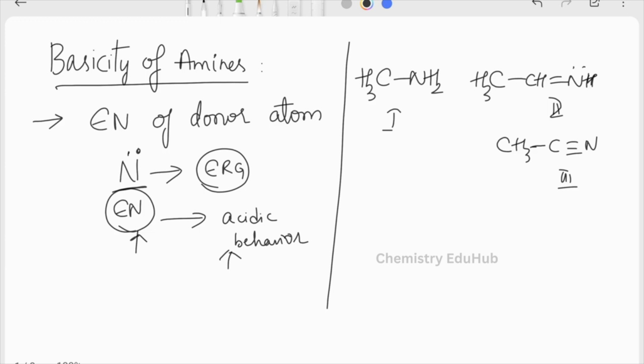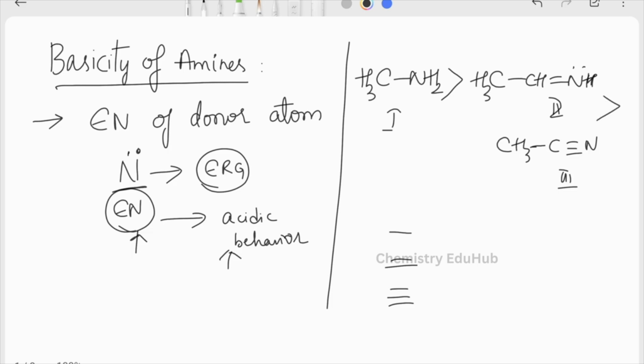We know that a single bond is less acidic compared to a double bond, and a double bond is less acidic compared to a triple bond. That means electronegativity is more in the case of the triple bond. So the basicity order also will be in this manner.